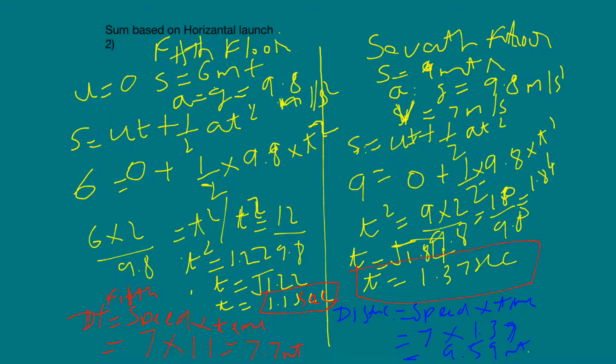So here is the difference. Now we want to find out how far apart the balls have fallen. As we know, 9.59 and 7.7.